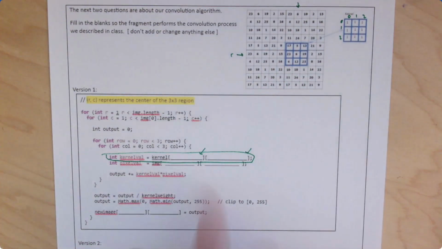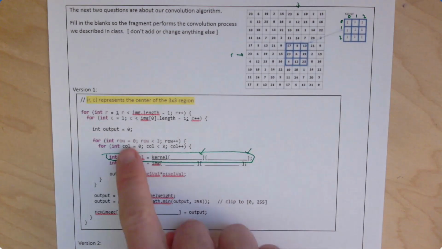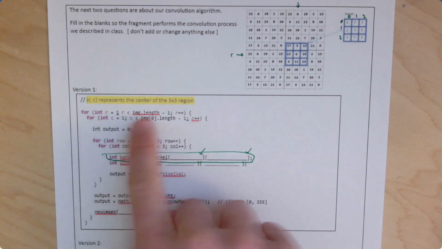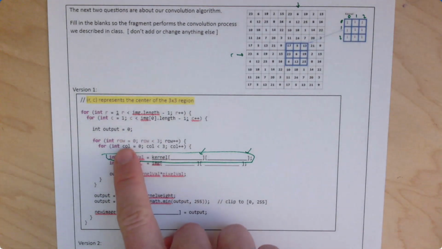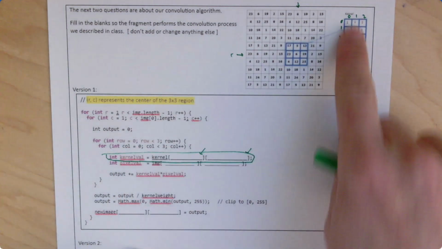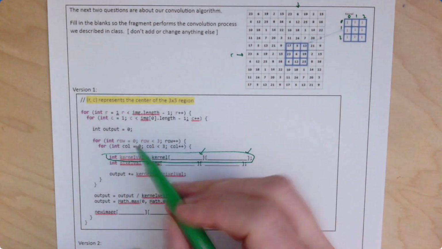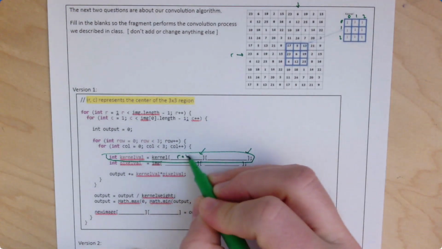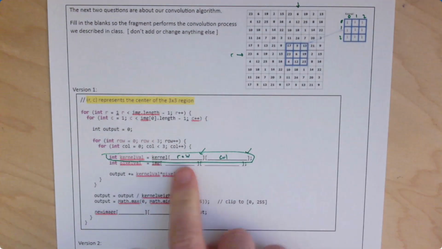So what indices you need to use depends on what values we've set up the variables to loop over. Here I notice that row goes from 0 to 2, which is perfectly set up to loop over the kernel. Because I noticed that, I see that these can be used for the kernel without any adjustment at all.